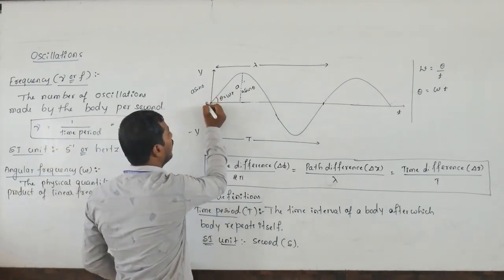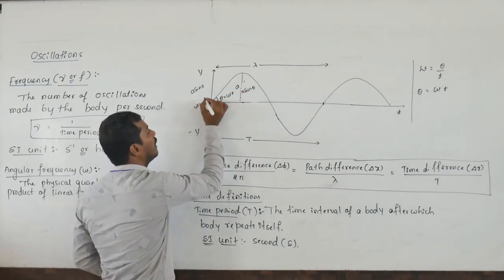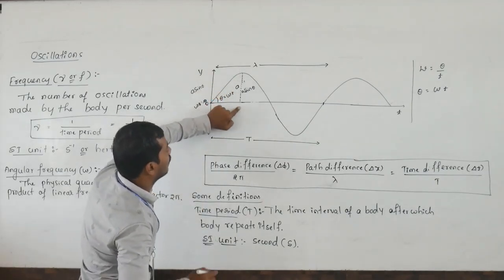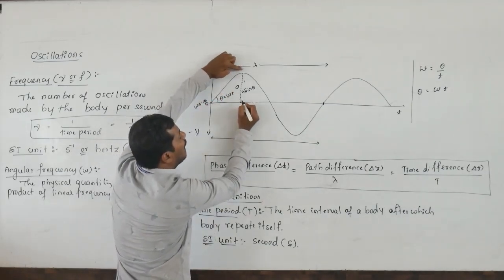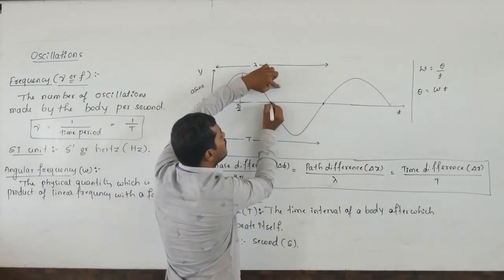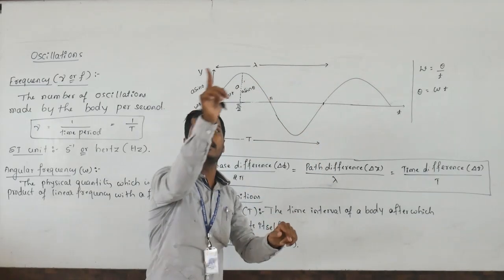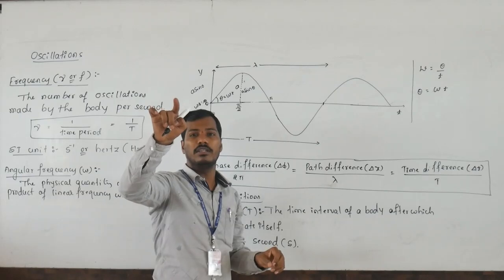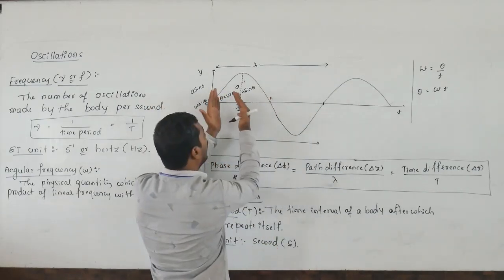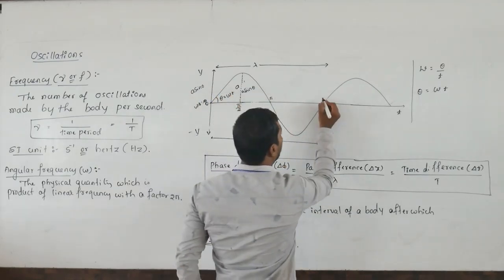At the mean position omega t is 0, and here it becomes the maximum, that is pi by 2, it is 90 degrees, and here it is pi. One revolution means it completes one circle. It is half and half, and if combined together it becomes one revolution, that is nothing but 2 pi.